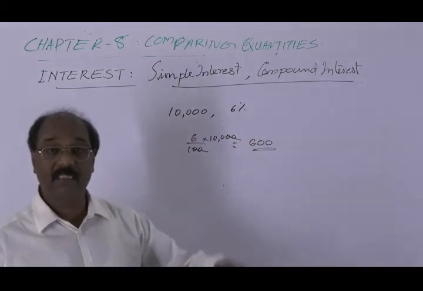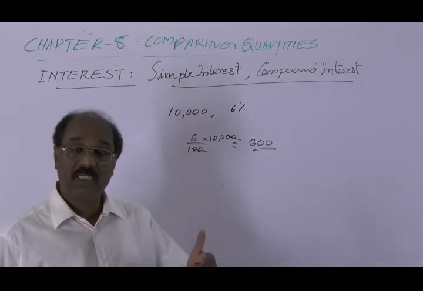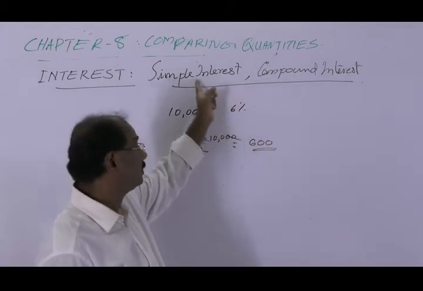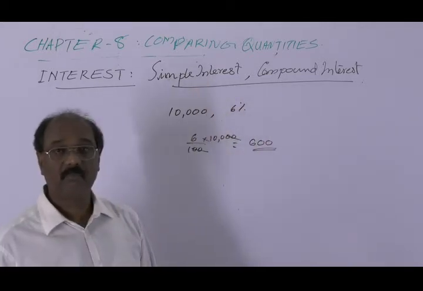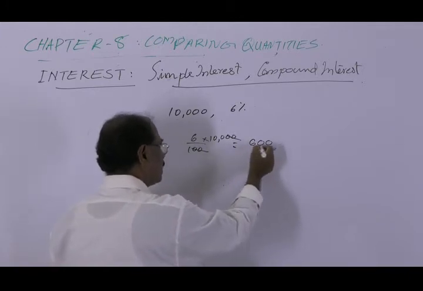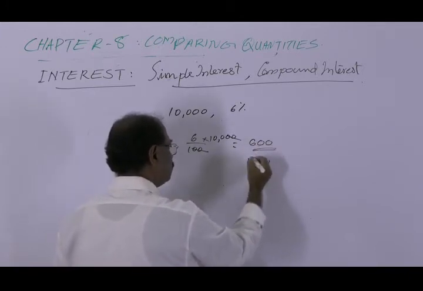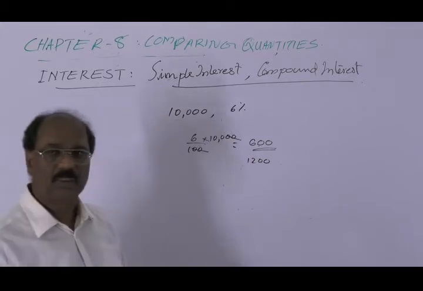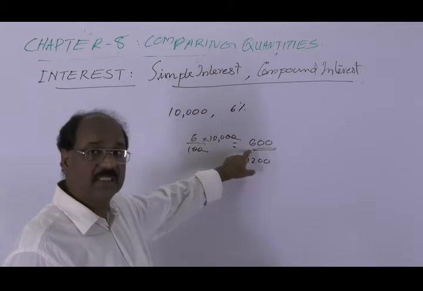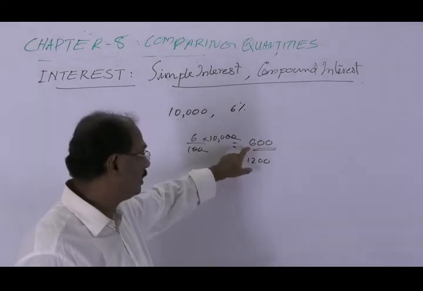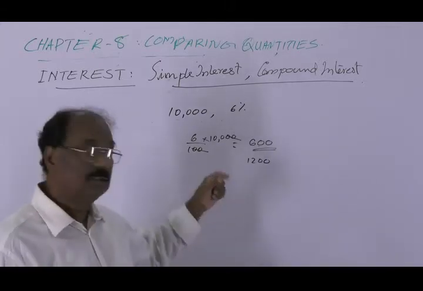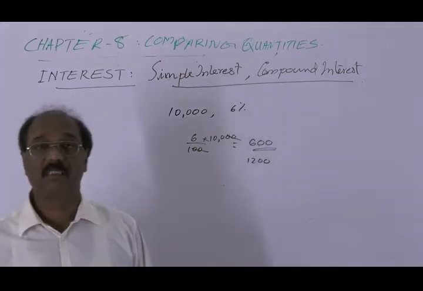And for the next year, we will get the same interest, 600 rupees, under the scheme simple interest. So after 1 more year, the interest will be 600 into 2, that is 1,200. Then after 3 years, the interest will be 600 into 3, that is 1,800.